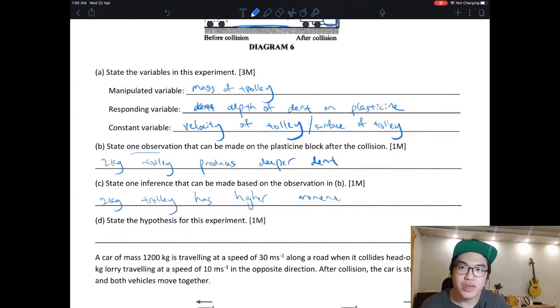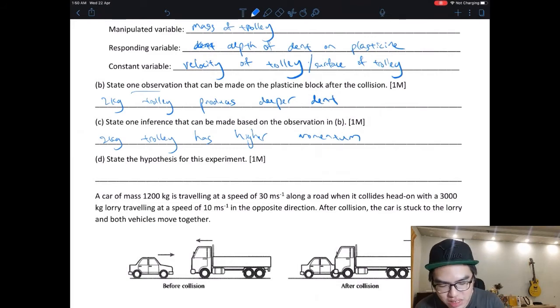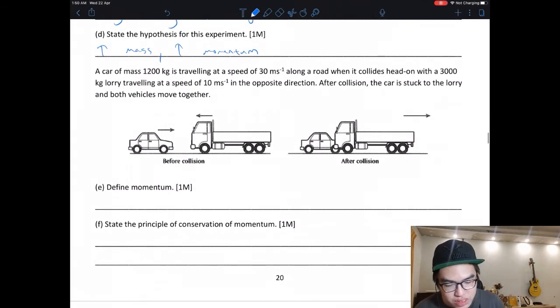Heavier, higher momentum, the dent is deeper. It's like a very slow car crashing into your car has only a small dent, but if a very fast car crashes into your car, there's a big dent there. Okay, so state the hypothesis. The higher the mass, the higher the momentum. All right, simple.